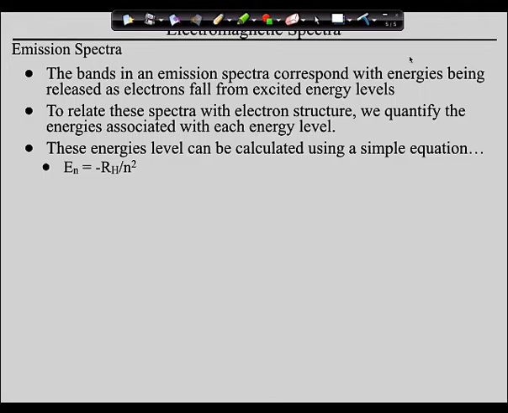Write it on your equation sheet under the atomic structure part. I would even encourage you to write this as a more formal equation where it's E sub n is equal to negative R sub h divided by n squared.